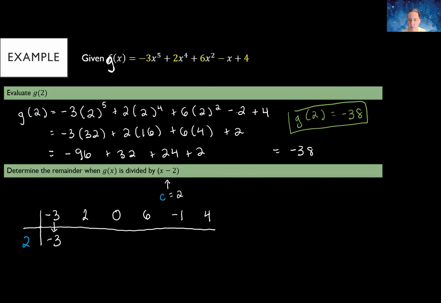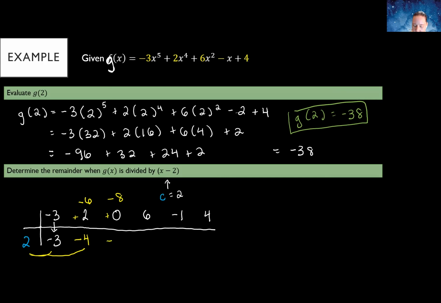And then we're going to multiply and add. So I'm going to be multiplying 2 times negative 3. So it's negative 6. Negative 6 plus 2 is negative 4. And then you do 2 times negative 4. So that's negative 8.